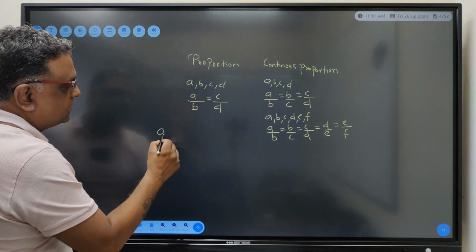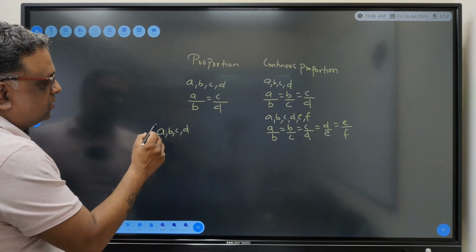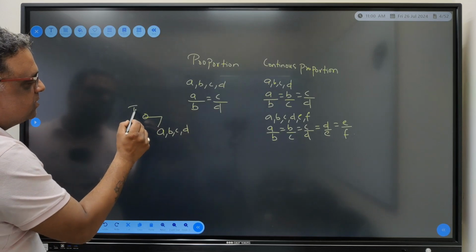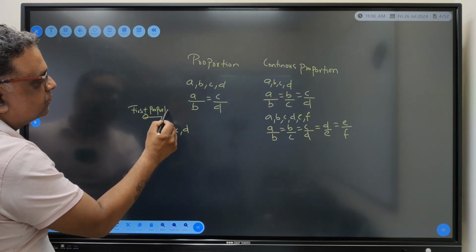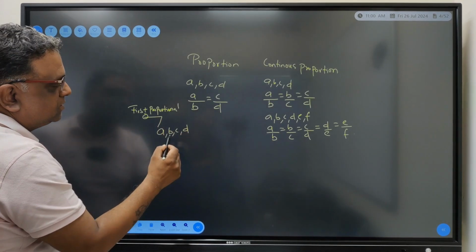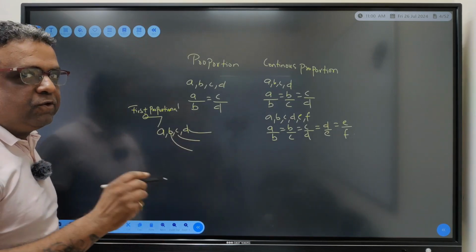Now let us say A, B, C, D are in proportion. So A is known as first proportional, B as second proportional, C as third proportional, and D as fourth proportional.